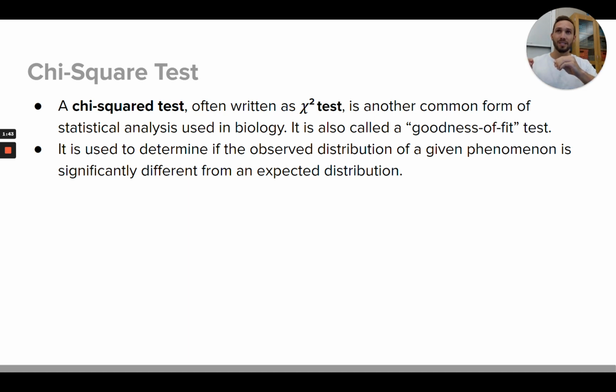And so what that means is, let's say we're looking at a situation where there's a certain number of outcomes that are possible for that situation that we're testing. There's certain outcomes that can result from this thing we're testing. And we're going to look at how many times each of those outcomes occur, and that's going to give us a distribution. We're going to see how many times outcome 1 happened, and how many times outcome 2 happened, and how many times outcome 3 happened.